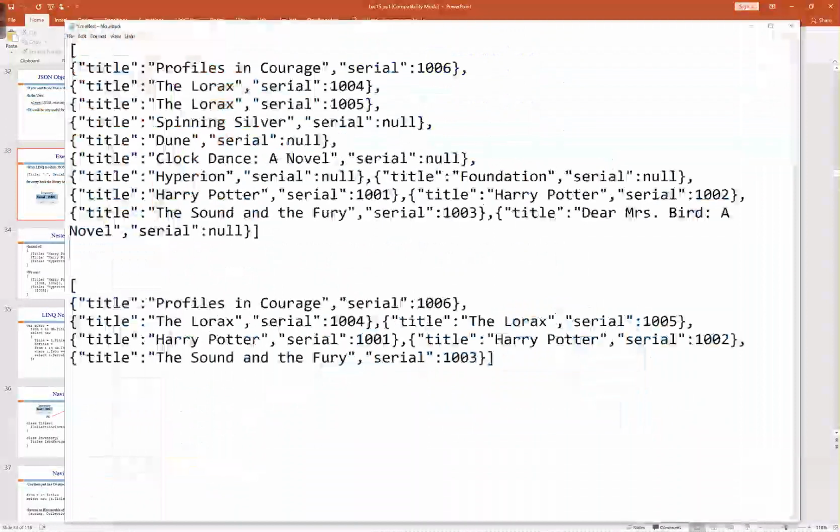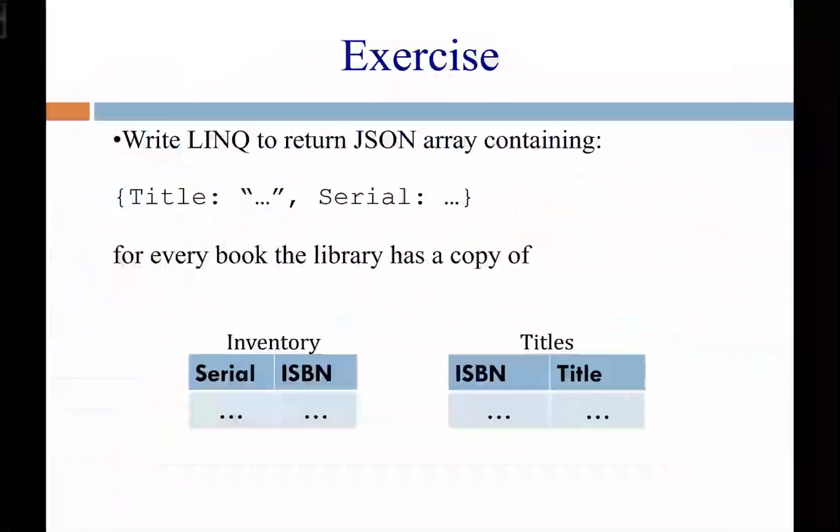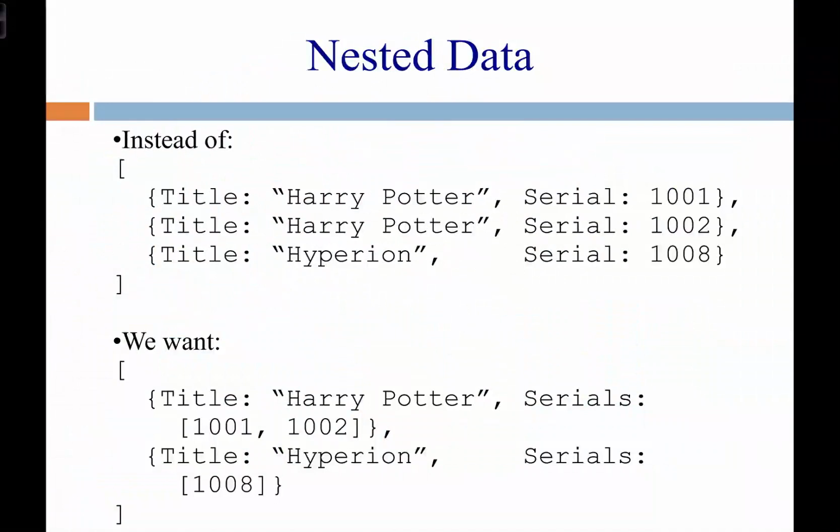Okay, that was just a simple little exercise, but let me look at that one more time. For books that we have multiple copies of, I'm getting the title and serial, and then I'm getting the title again and serial again. So let's say instead of formatting it that way, what if we wanted to format it so that the title only shows up once and is paired with an array of just serial numbers?